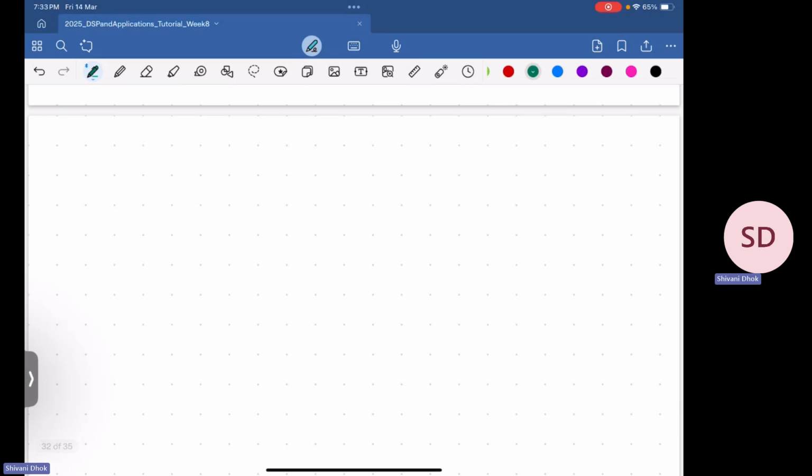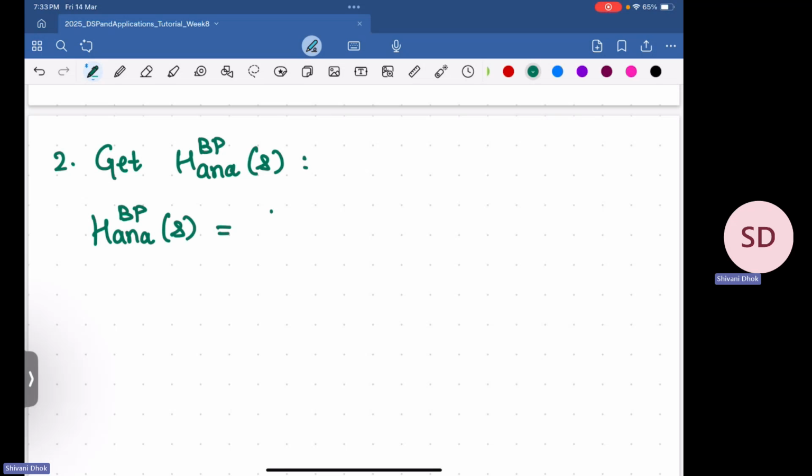So next step, get H analog of band pass filter of S, and this H analog band pass of S is given by H analog of equivalent low pass of SL evaluated at SL equal to S square plus omega naught square divided by Bs.